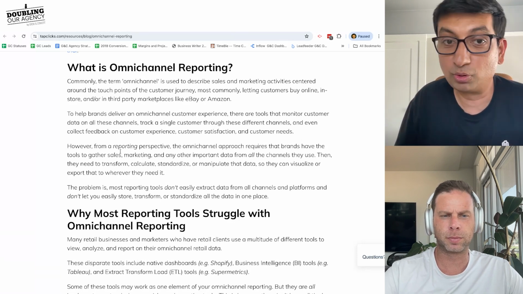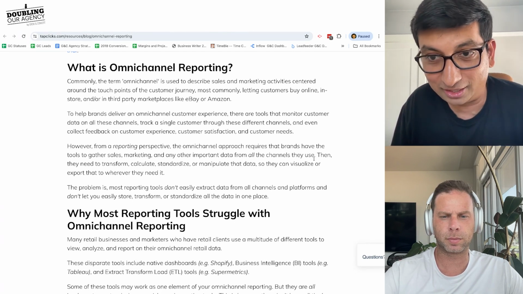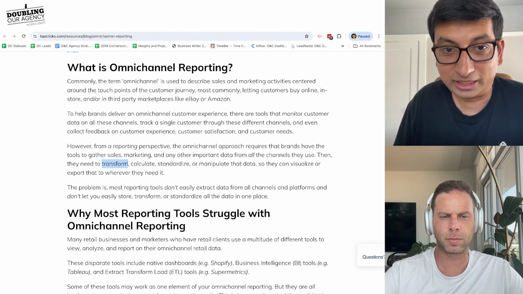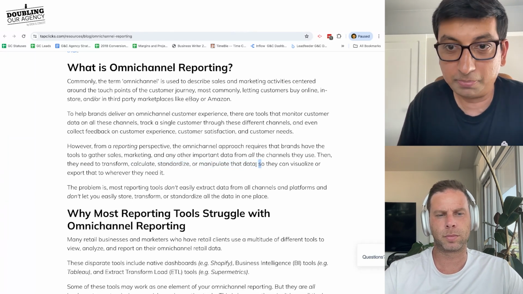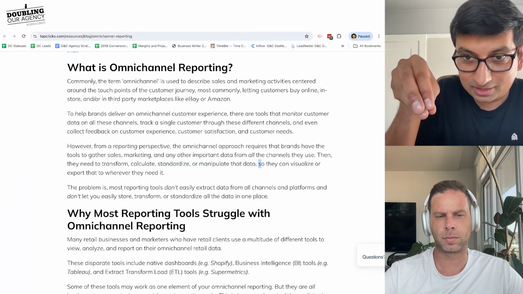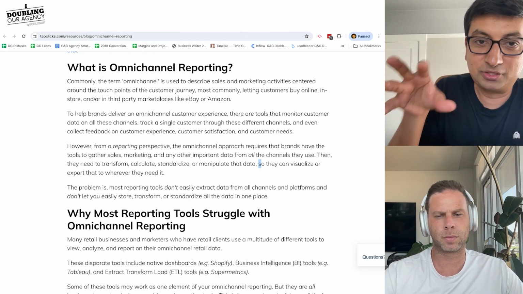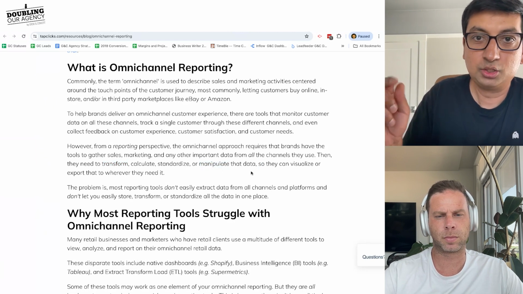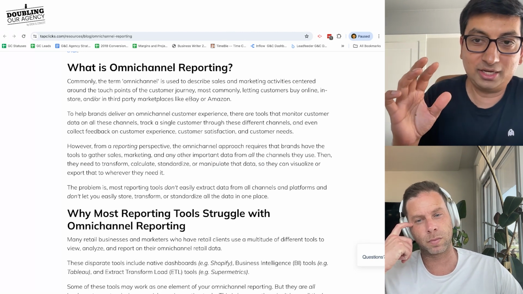However, from a reporting perspective, the omnichannel approach requires that brands have the tools to gather this data from all the channels they use. We italicized all. Then they need to transform, calculate, standardize, or manipulate that data. You don't have to know what all of those things mean, but know that in marketing data analysis, transforming and manipulating the data is really important, because channel number one, Amazon, may report data in a different way.